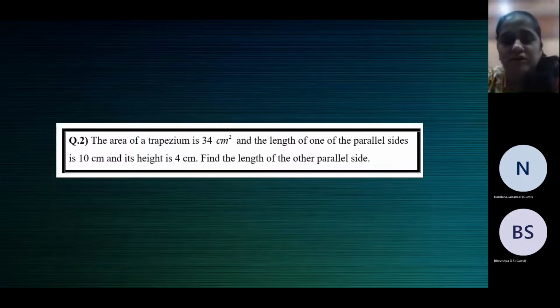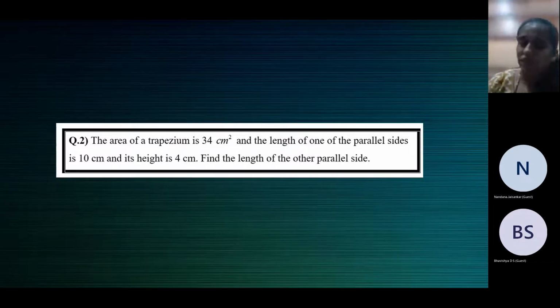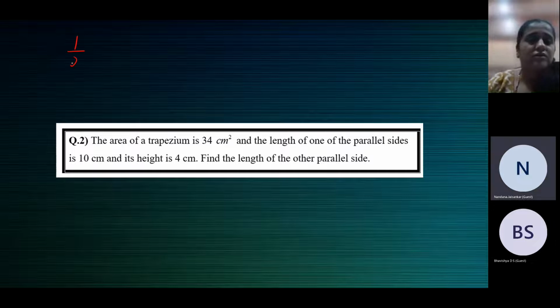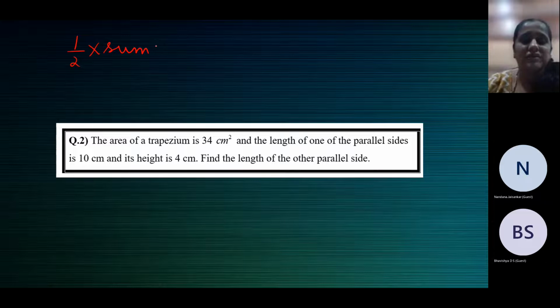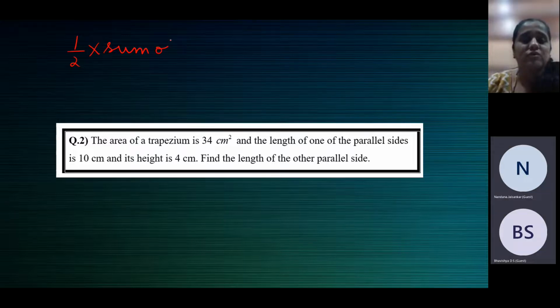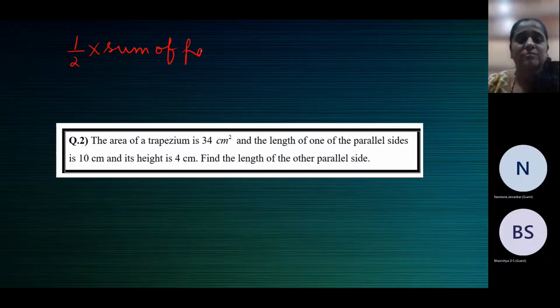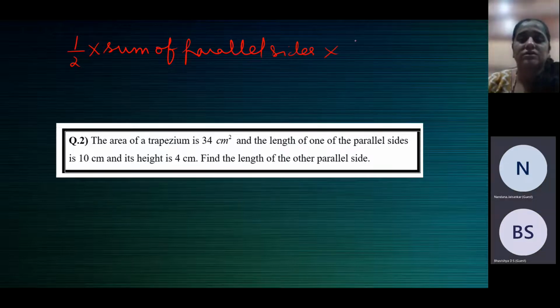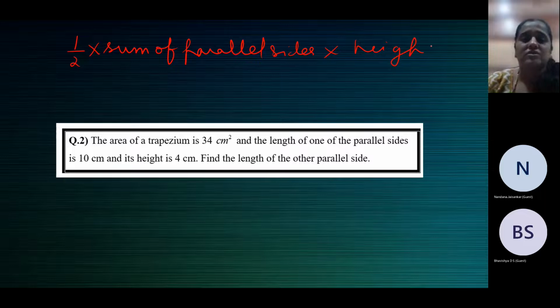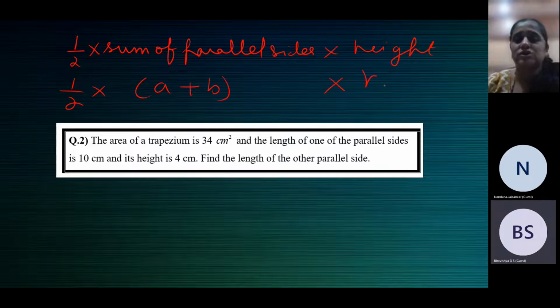So what's the formula to find the area of a trapezium? Half into sum of parallel sides into height. So this is half into a plus b, where the sum of the parallel sides is a plus b, into h.